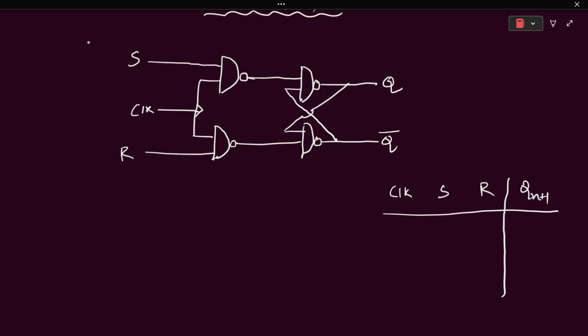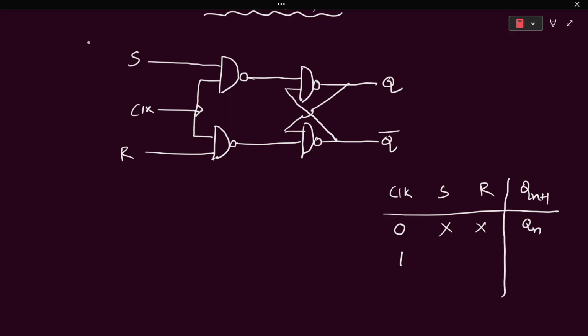What we learned in the previous session is that if we keep the clock in low state, then we also get the memory. Memory means the next state will keep the output of the previous state. Previous state means Qn, and it will not depend upon the inputs S and R. These are the things we discussed in the previous session. If you have any doubts, I request you to follow the previous sessions' recorded versions or paperwork. It will be clear to you.